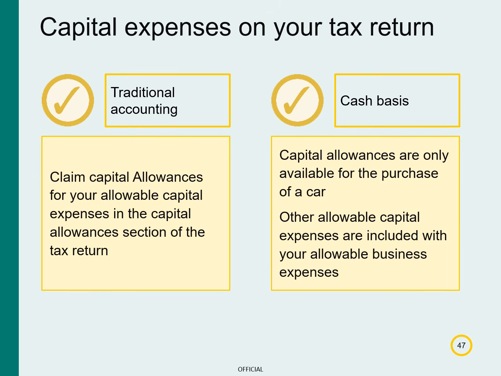If you're using cash basis, capital allowances are only available for the purchase of a car. All other allowable capital expenses are shown in the Other Allowable Expenses box if you're showing a detailed breakdown, or in your Total Allowable Business Expenses.